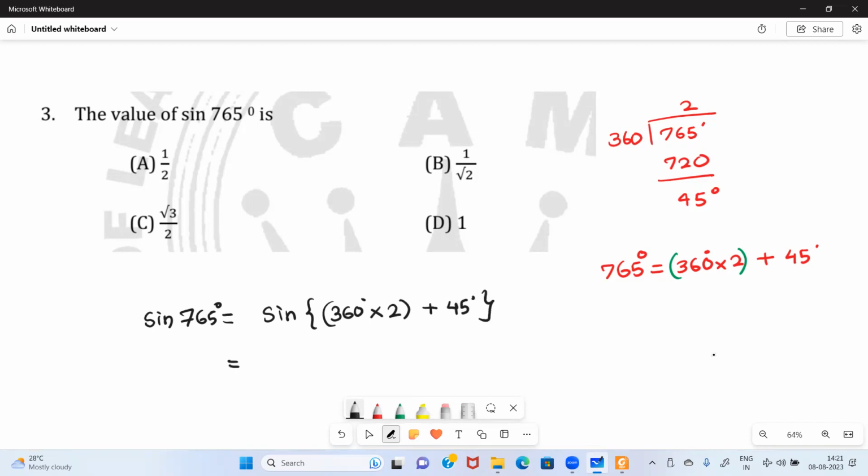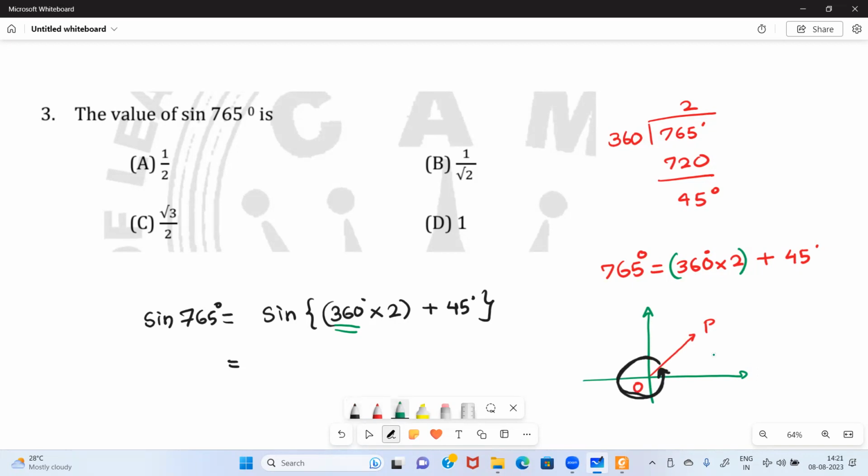And as I have told you earlier, whenever you have 360, it is just one complete rotation to the same position, right? Suppose we have a ray, OP. If I rotate it by 360, I come back to the same position. If I rotate by another 360, again I come back to the same position.